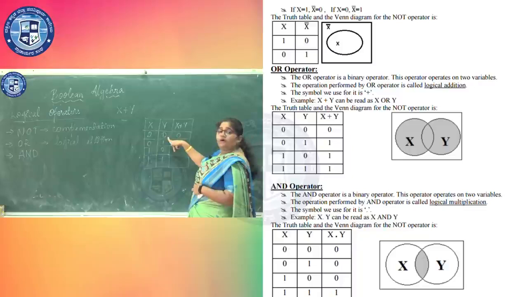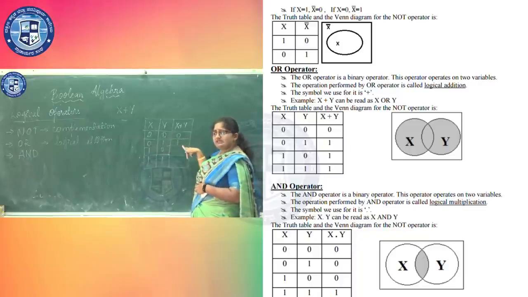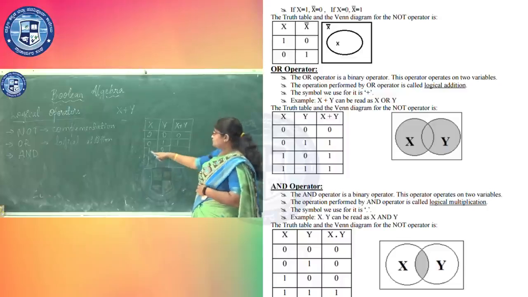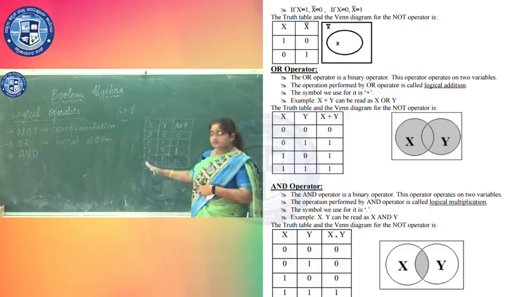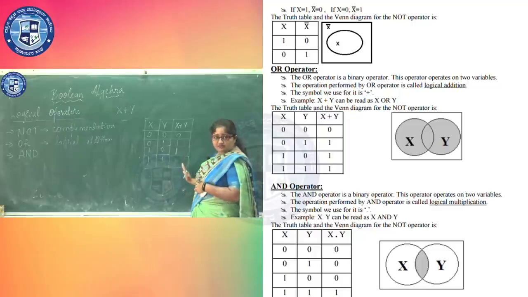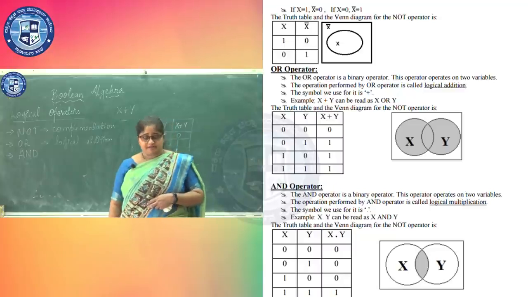So 0 or 0, it is 0 only. 0 or 1, 1 is there, so the condition becomes true. 1 or 0, again the condition becomes true. 1 or 1, it means 1, because both are there and the condition is satisfied. This is about the OR operator.